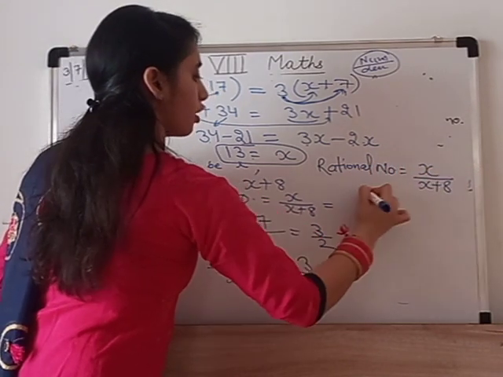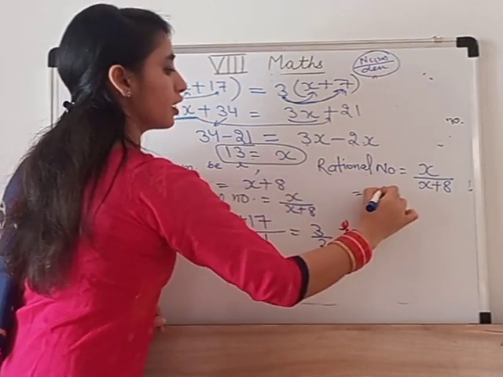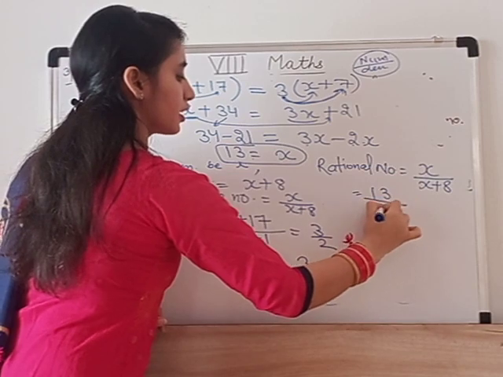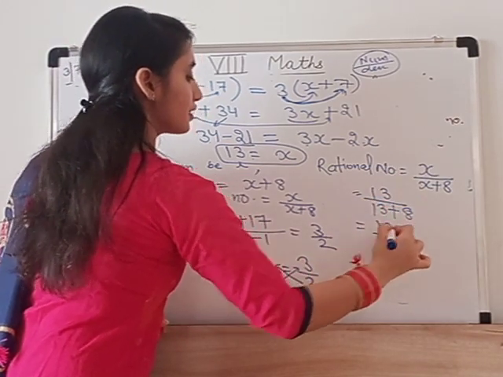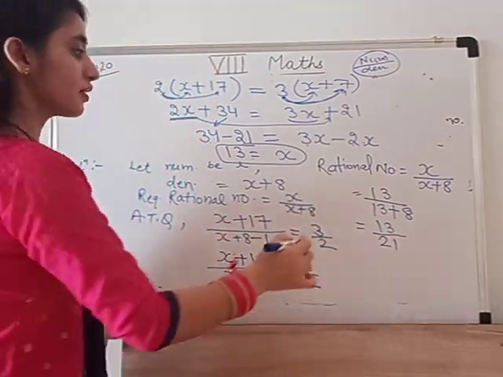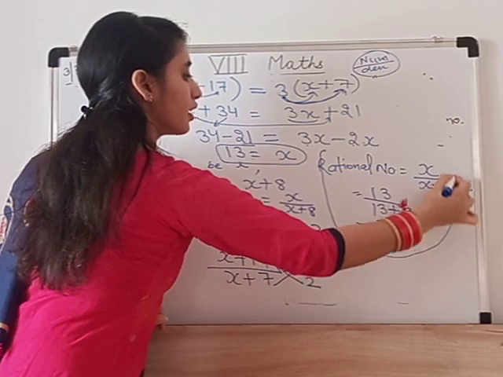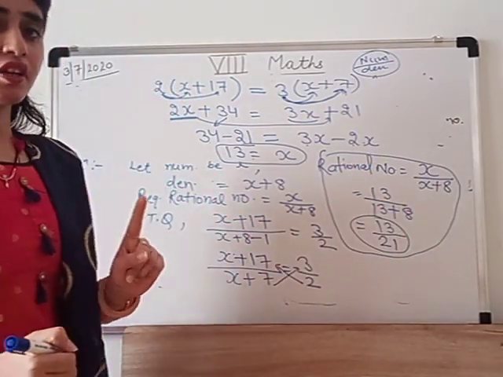Now put the value of x, x is equal to 13, so 13 upon 13 plus 8. 13 plus 8 is 21. This is our required rational number. This is our answer, 13 upon 21.